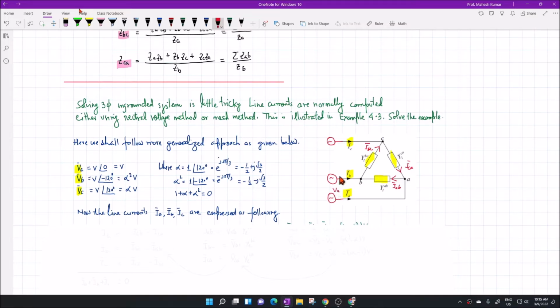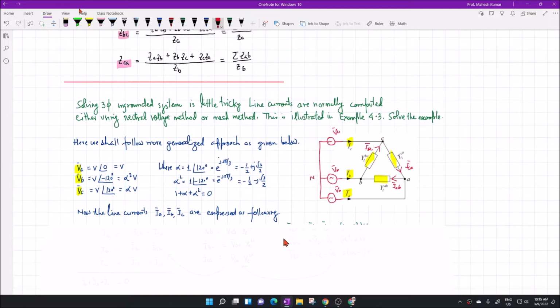So VA, we can write in terms of the phasor because it is only the fundamental frequency component. So this is VA, this is VB, and this is VC, and you can join them by a neutral.